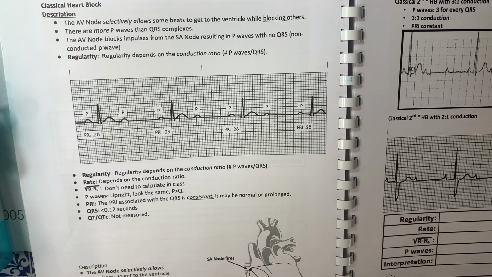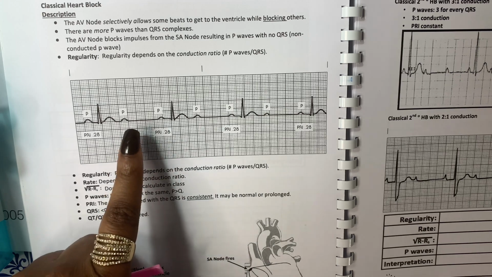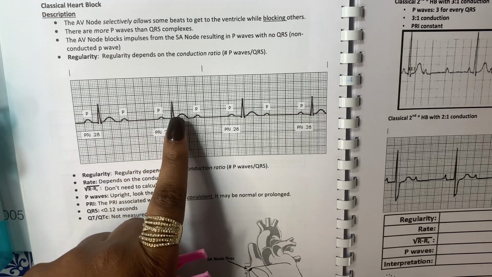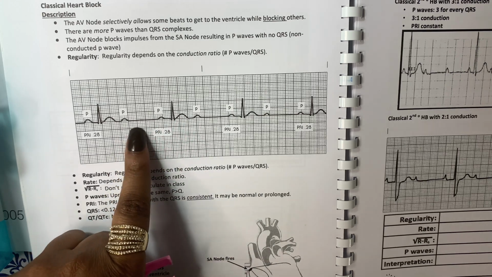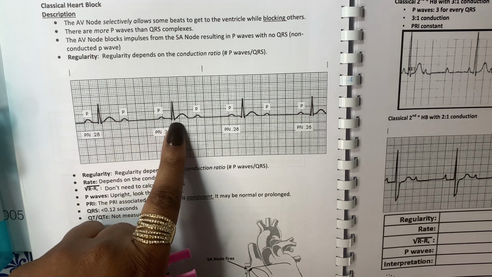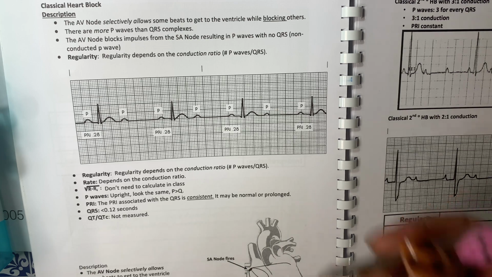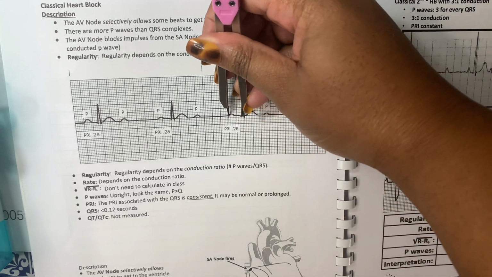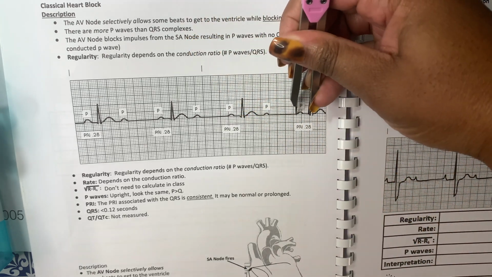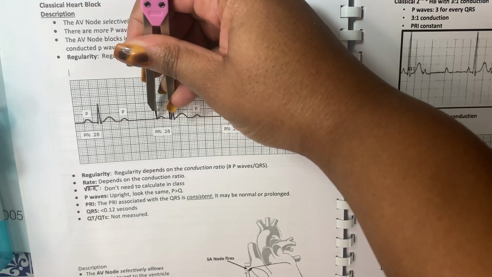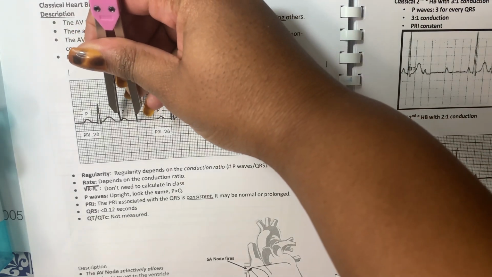So when you're looking at the P waves, you will notice that classical always has more P waves than QRS complexes. If you look, this one has a 2-to-1 ratio, and the P waves always march out. So the closer one will be the same measurement, and it goes for the longer one.